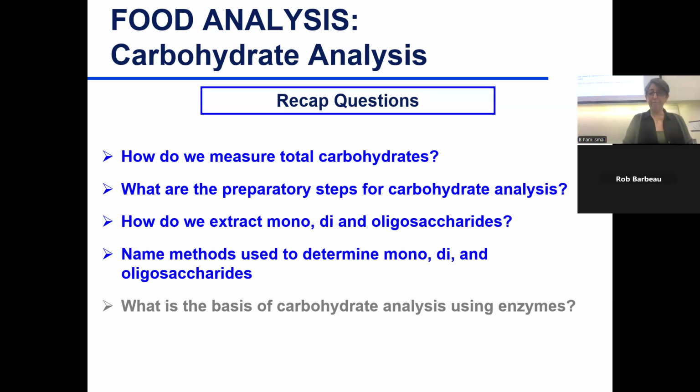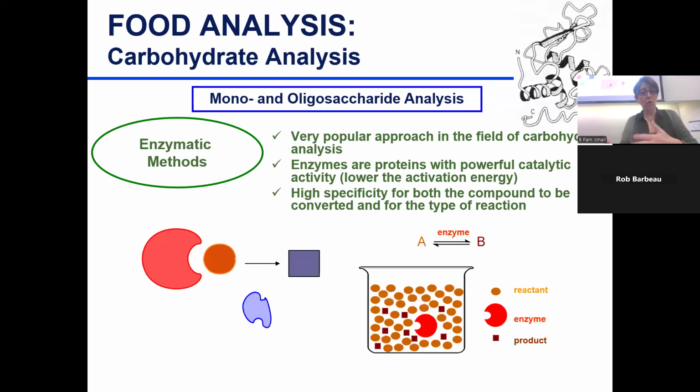Okay. So we stopped. We didn't go over here. We just did the reducing sugar methods, and then other very common types of analyses we do for mono-, di-, and oligosaccharides are enzymatic methods. So you already had the use of enzymes in the food analysis lecture.